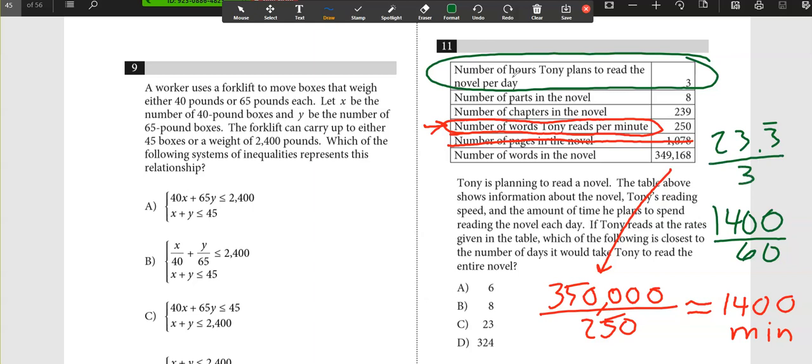So if I divide that by 3, I get 7.7 repeating, which means it's going to take him 8 days to do this book. So I didn't use the number of parts in the volume. I didn't need the number of chapters in the volume. I really needed to focus on just certain pieces of info here. Any questions on that one?